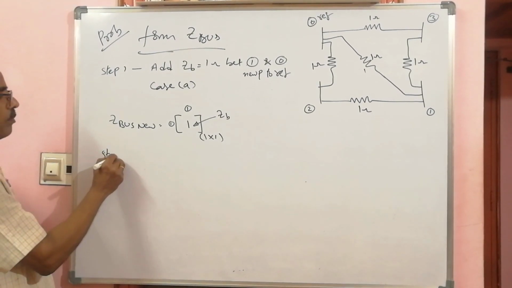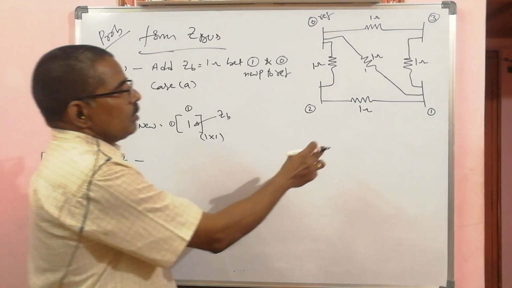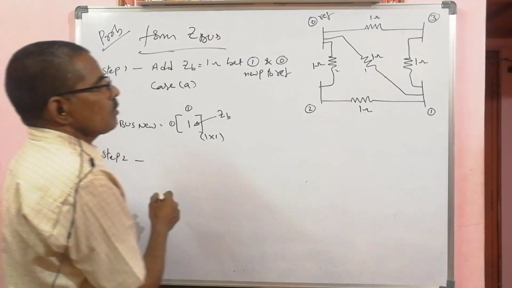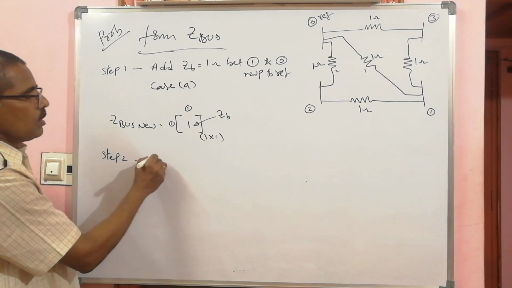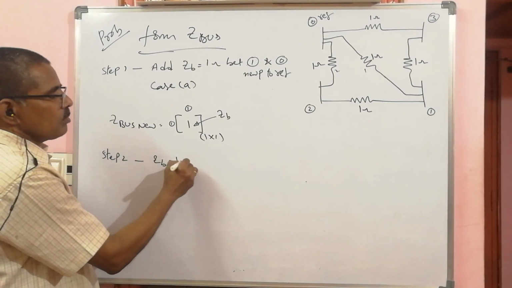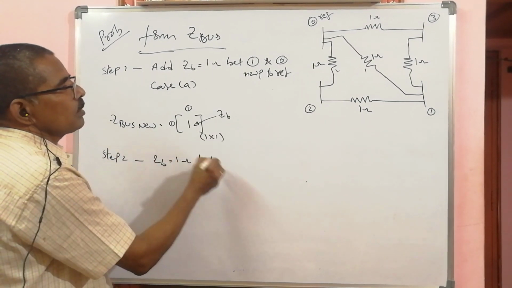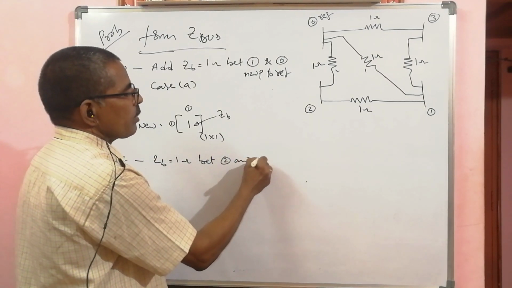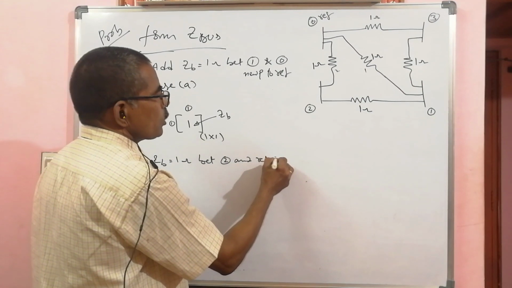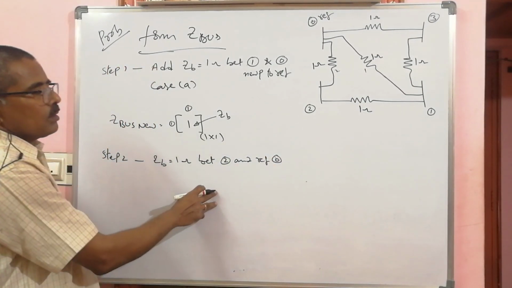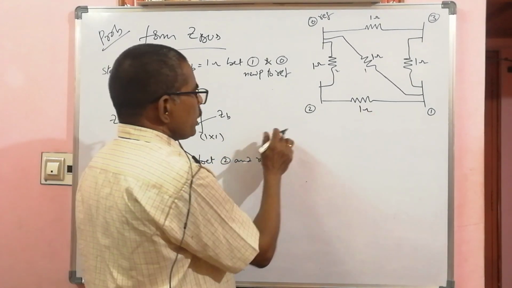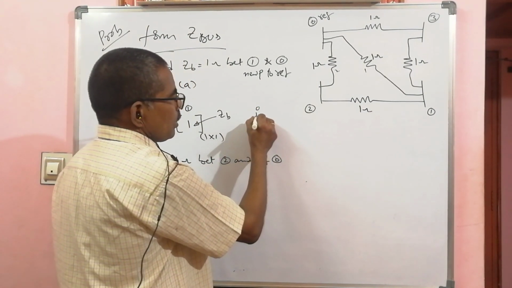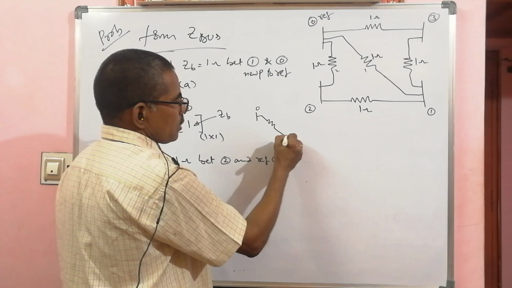Then step 2. I want to add this element now. Add ZB equal to 1 ohm between 2 and reference. So what is 2? Existing bus is only 1. Previously this is reference, and what we did is this.